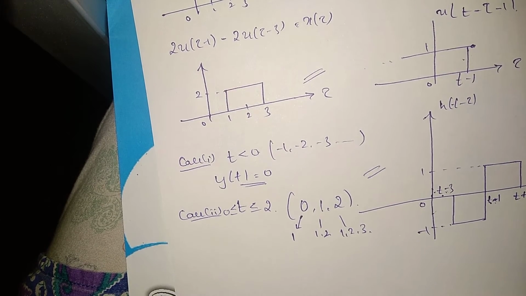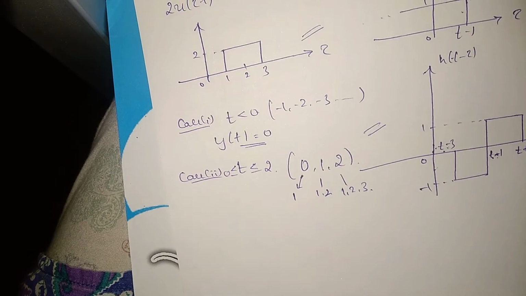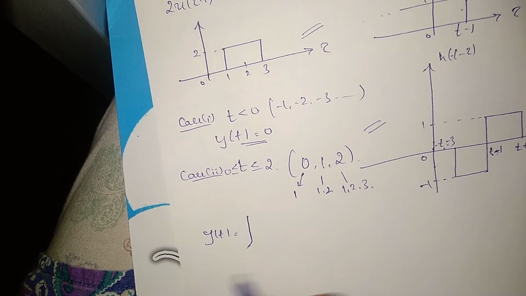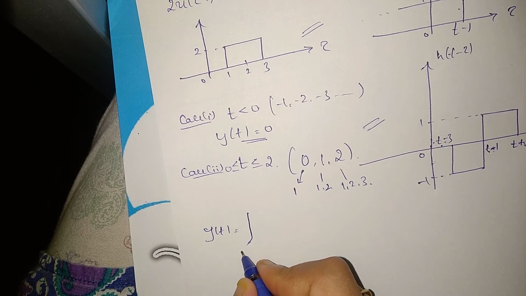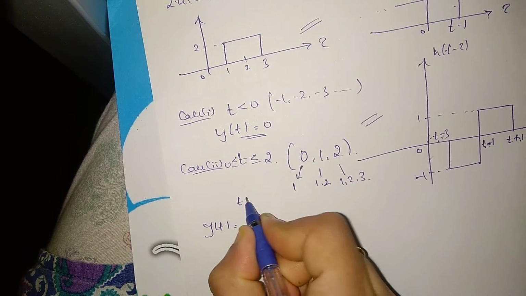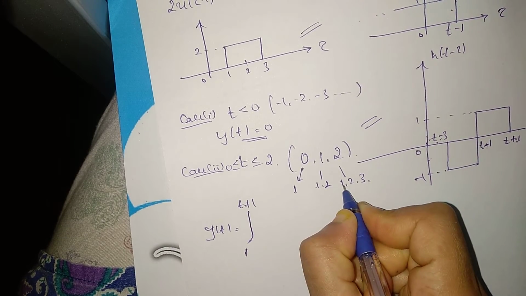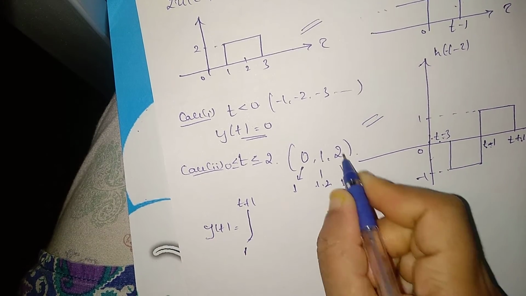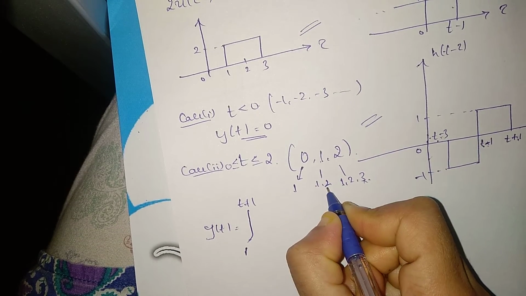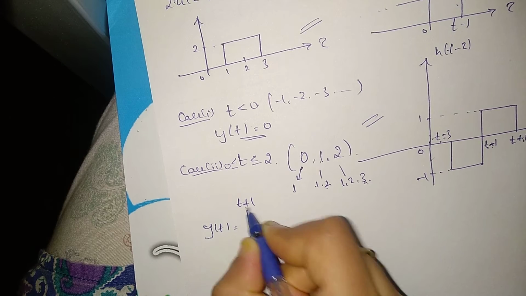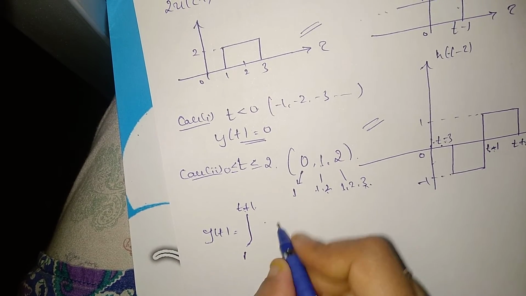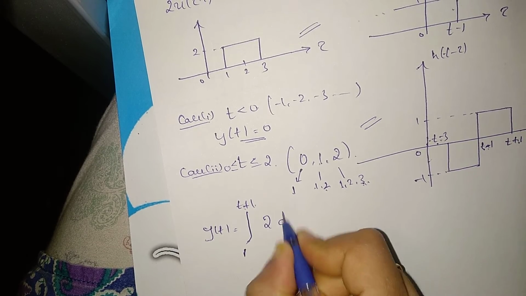So we can simplify y of t with an integral not from minus infinity to infinity, but between 1 and t plus 1. Starting is 1. If you take t as 2, the ending value will be 3. If you take 1, the ending value will be 2. So I am taking t plus 1, with an amplitude of 2 into d tau.